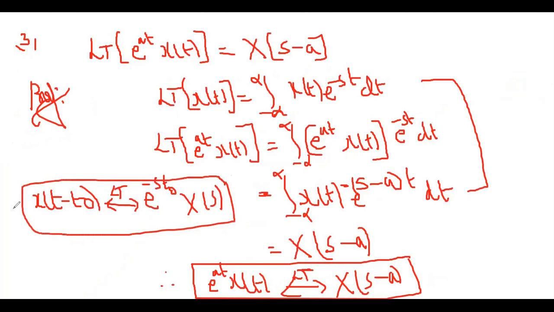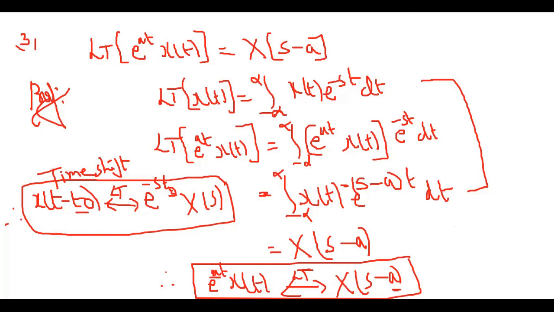The time shift means the input is shifted with t0 samples, a negative exponential is multiplied, and t becomes t minus t0. And here the frequency is shifted with a samples: the time domain signal is multiplied with the positive exponential and s becomes s minus a. Okay.